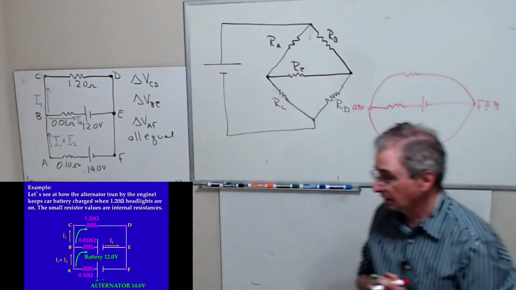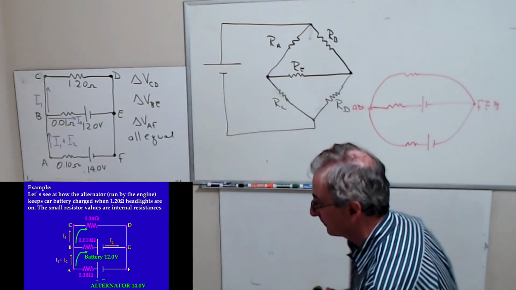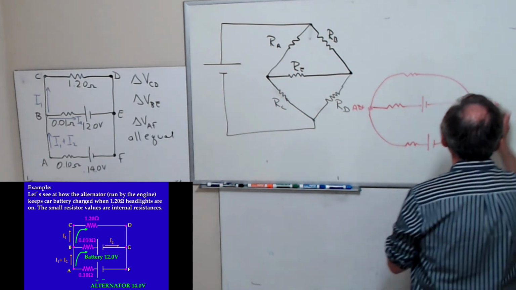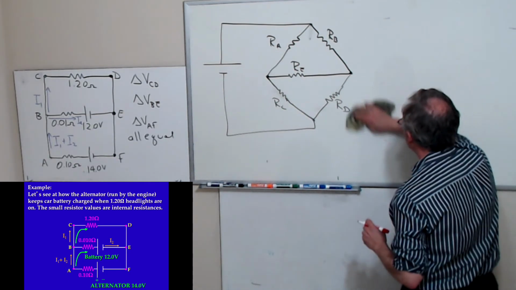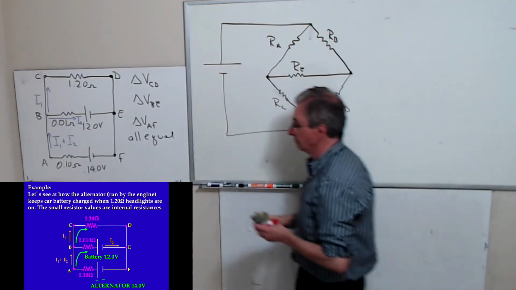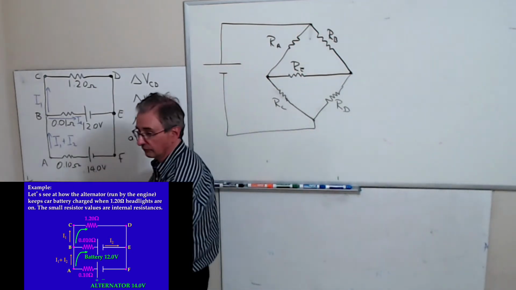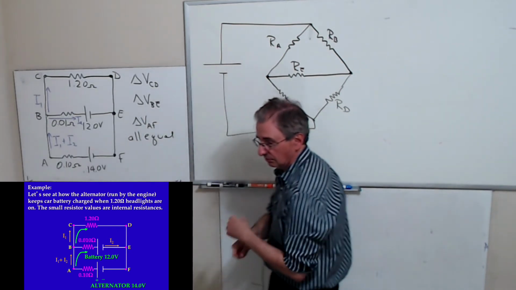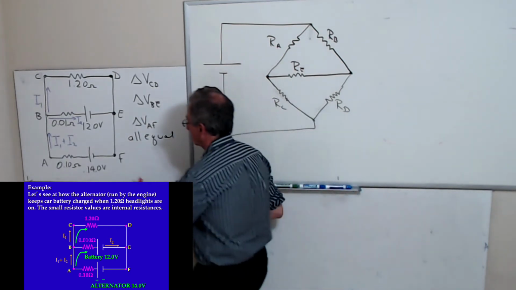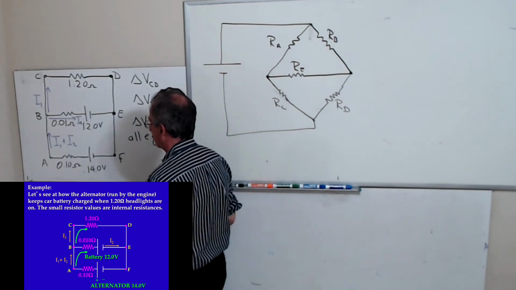Oh, okay. I think what you're missing is that when things are in parallel, the voltage drop has to be the same across them. You're making this terminal and this terminal the same voltage.